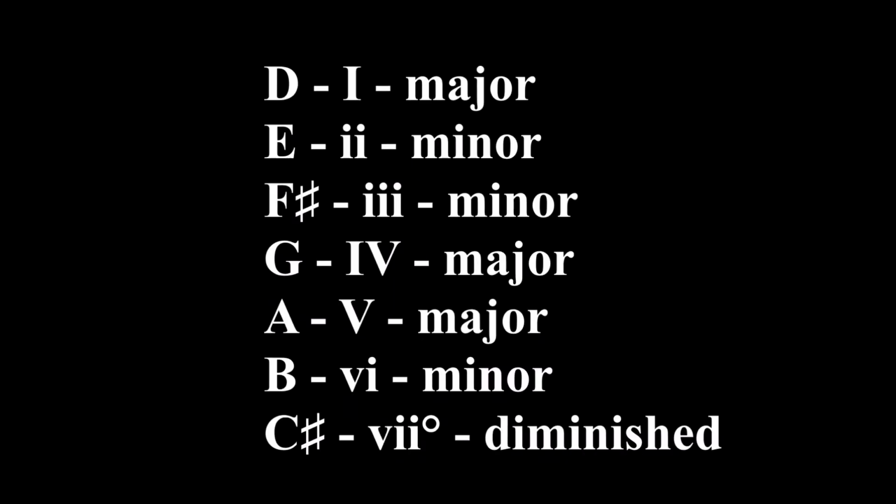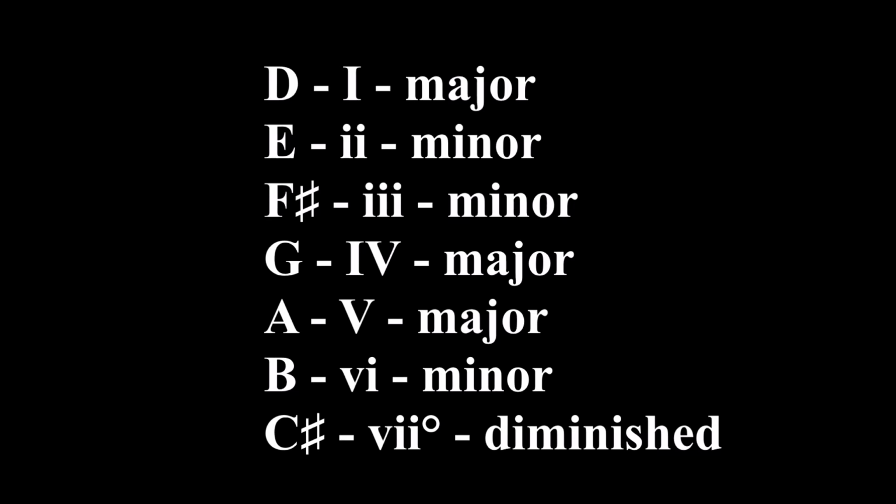Notice that chords 1, 4, and 5 are major chords, and the Roman numerals are capitalized. Chords 2, 3, and 6 are minor chords, and the Roman numerals are lowercase.